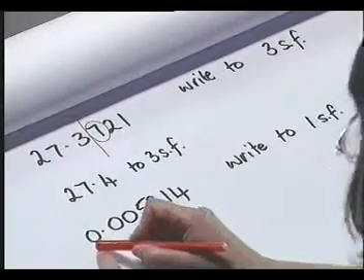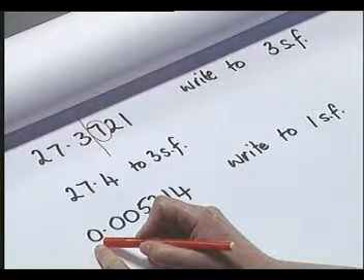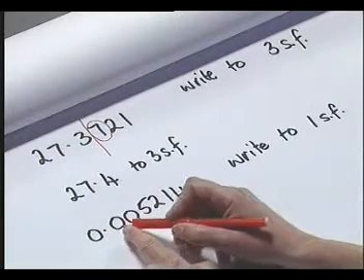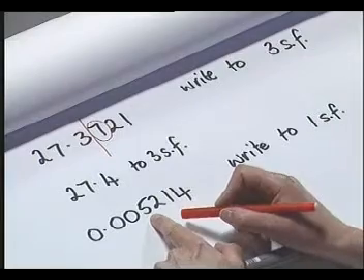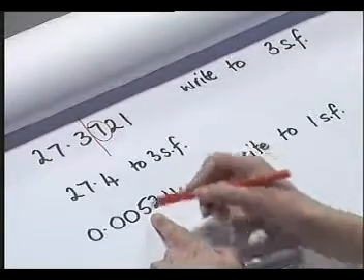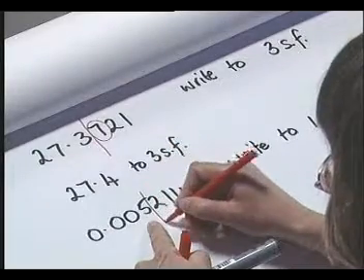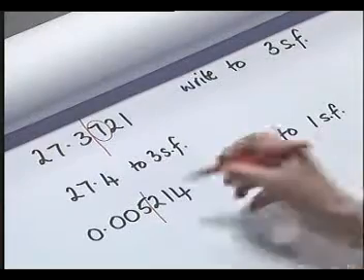I go to the left-hand end, but it must be the first non-zero digit. So this is not a significant figure. Neither's this, neither's this. Here's my first non-zero, so it's the left-handmost non-zero digit. So there's my line. I just want one significant figure.